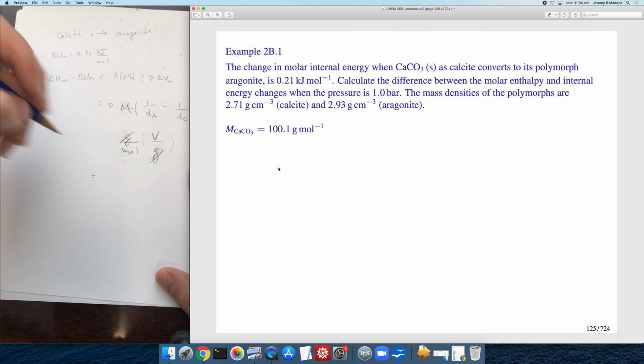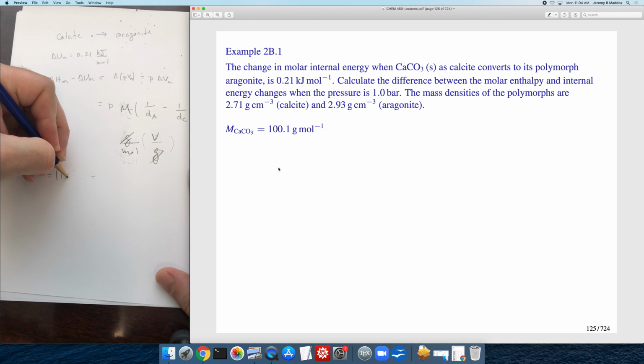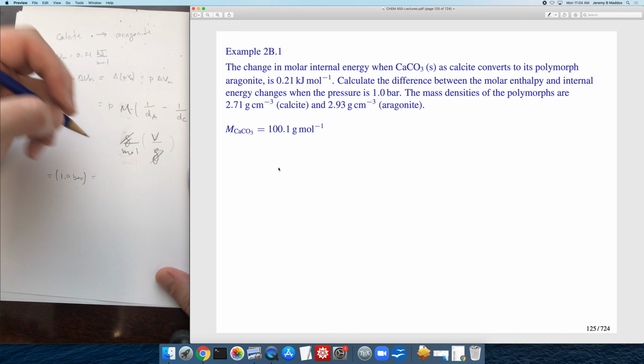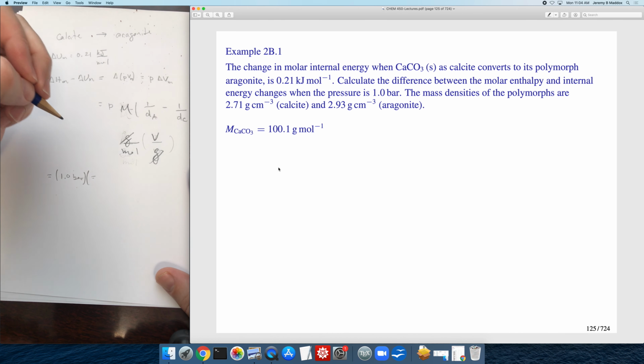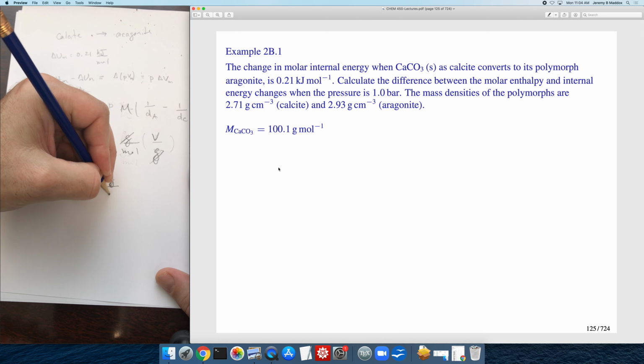So pressure is, I'm going to do the calculation over here. I need a little bit more room for some of the unit conversions. We're going to have 1 bar, and then the molar mass, 100.1 grams per mole.